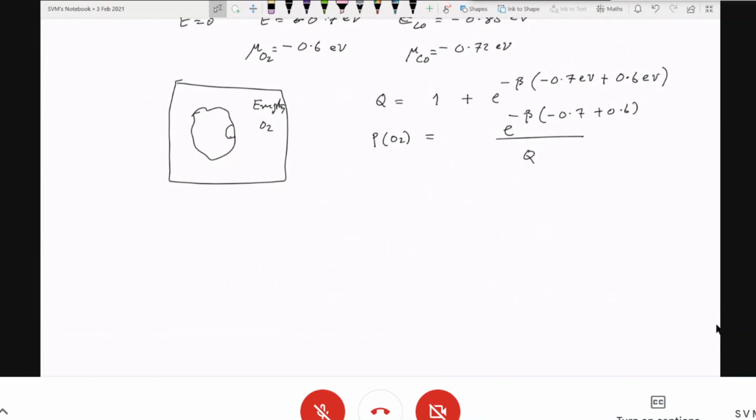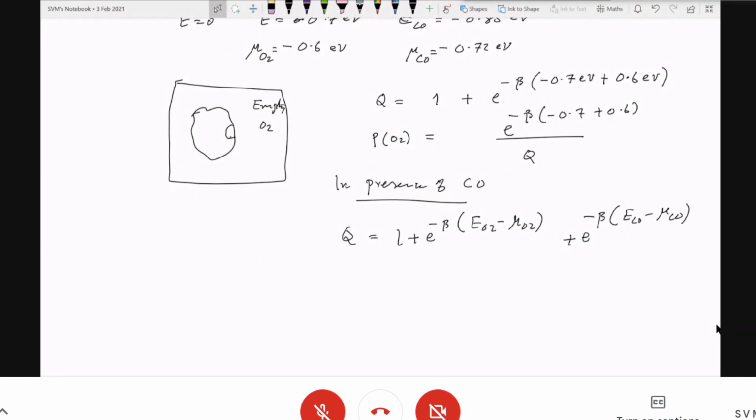So in the presence of CO, your Q will be equal to 1 plus e to the minus beta into E_O2 minus mu_O2, plus e to the minus beta into E_CO minus mu_CO.